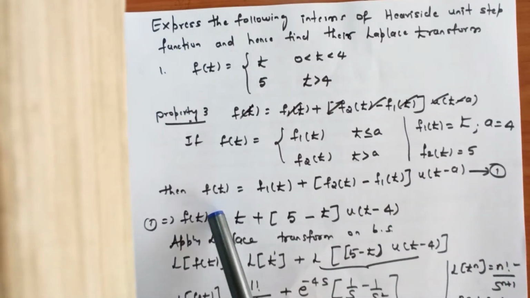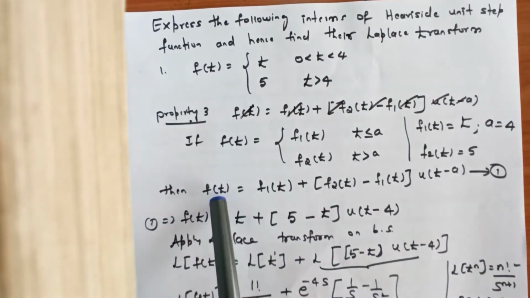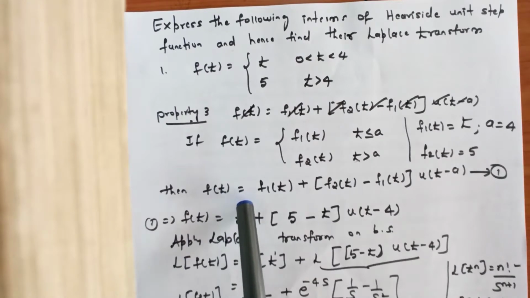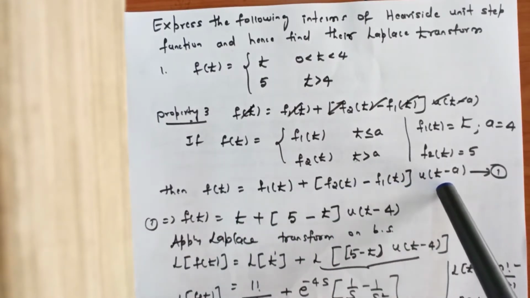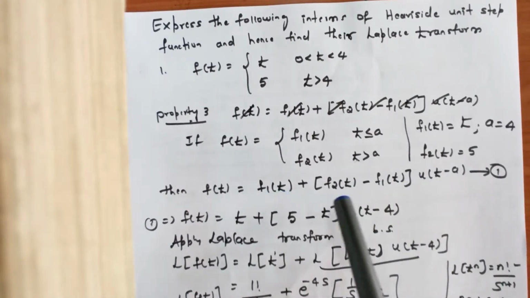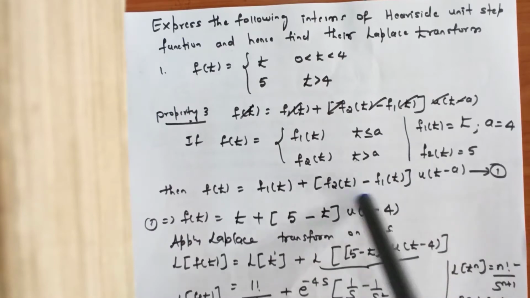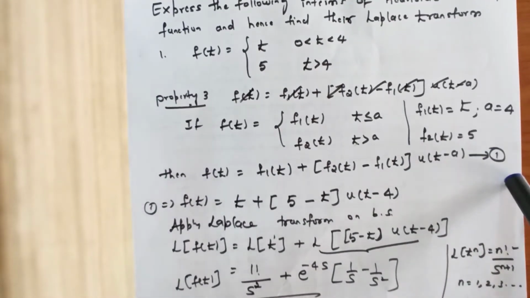Before we apply the Laplace transform of the unit step function, we have to rewrite the given function in this form, that is, f of t is equal to f1 of t plus f2 of t minus f1 of t into u of t minus a. Substitute your f1 of t, f2 of t as well as the a value in this property. Let us name this as equation number 1.